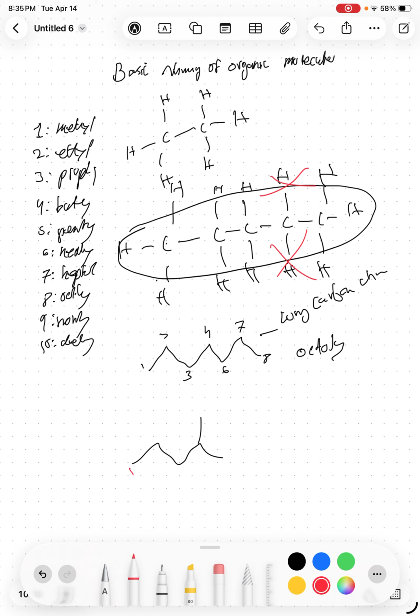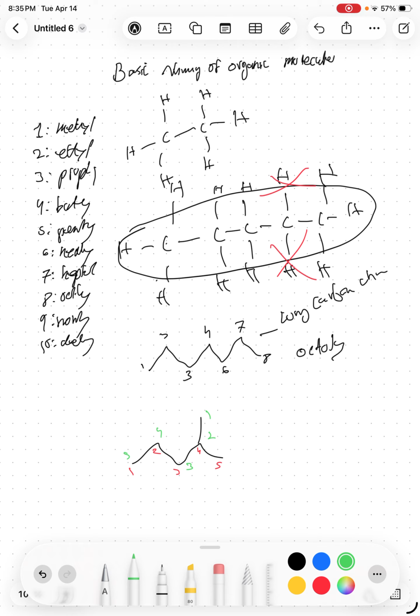I'm going to count: 1, 2, 3, 4, 5. So this is 5. Let's count the other way: 1, 2, 3, 4, 5. So it's a tie. When it's a tie, just pick whichever you like. I would go with the green one because green is my favorite color.